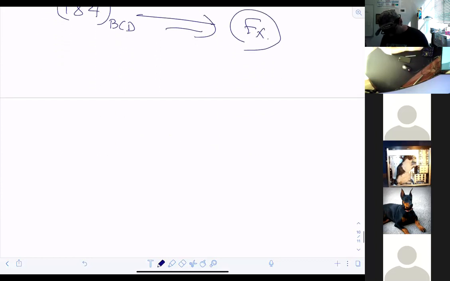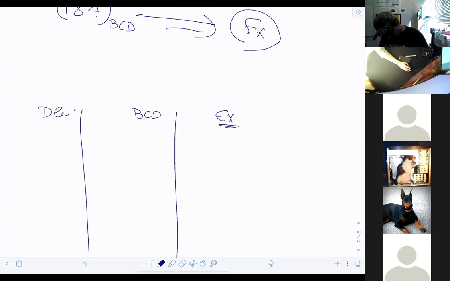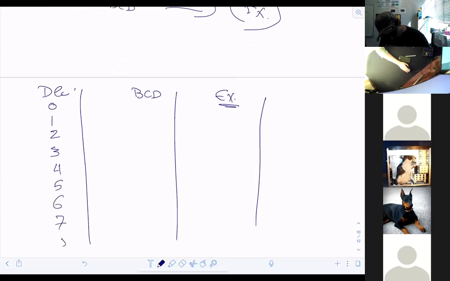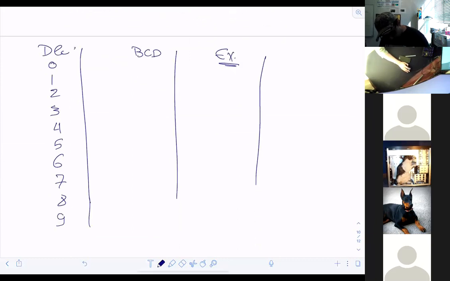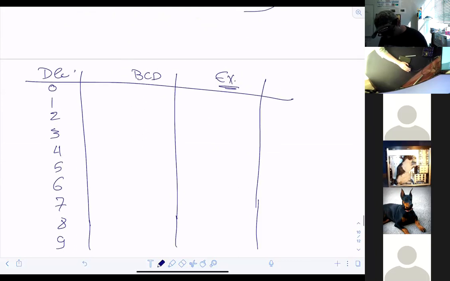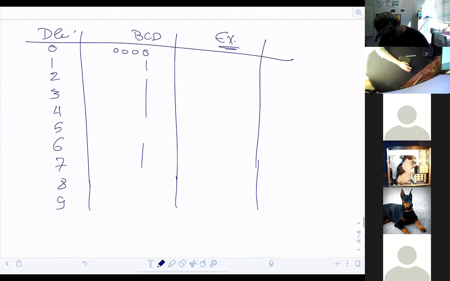Basically, the table is like you already have decimal, and you already have here BCD, right? And then you already have here the Excess-3, right? So that's like this. I have 0, 1, 2, 3, 4, 5, 6, 7, 8, 9. Do you agree? Now BCD is the same, right? So it's going to be 1, 2, 3, 4, up to 1, 0, 0, 1, right?